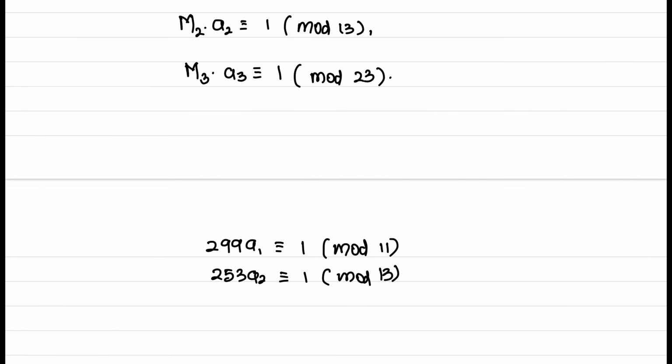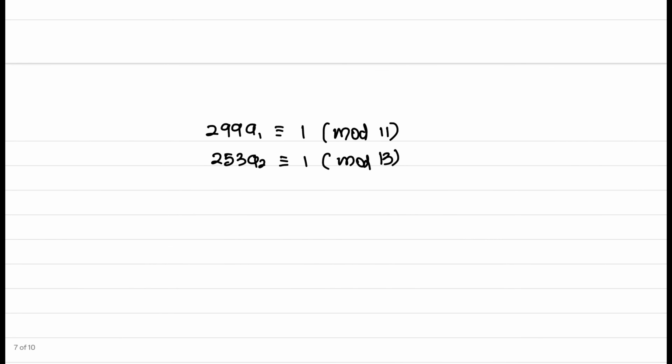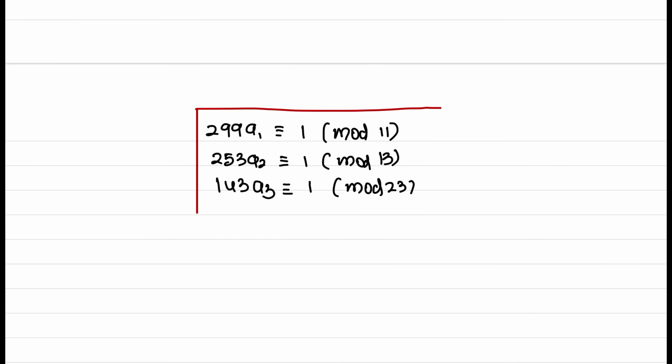And third, M3 is 143. 143 A3 is equivalent to 1 mod 23. Because we have to find A1, A2, A3, for that we are doing this exercise. Very important step. Please try to understand.